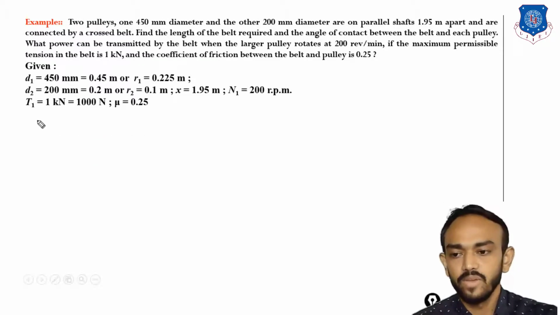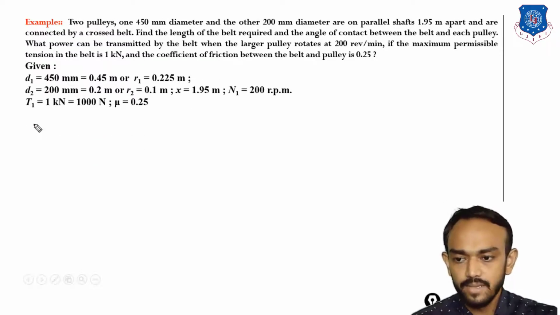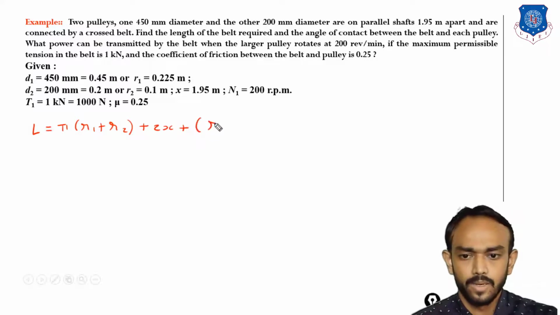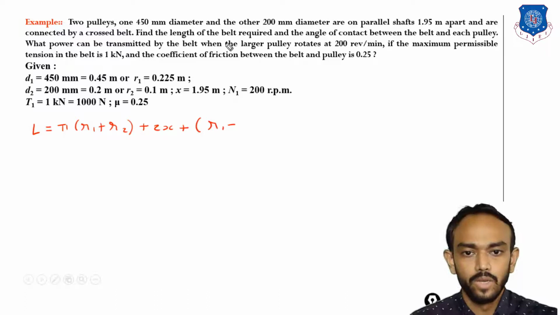Okay, so first of all we are going to find the length here. L is equal to, we know the formula, pi (R1 plus R2) plus 2x plus (R1 minus or plus R2) whole square divided by X. We have to check whether this is an open belt drive or a cross belt drive.